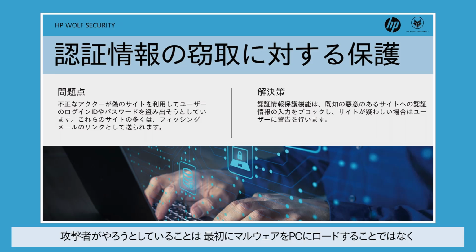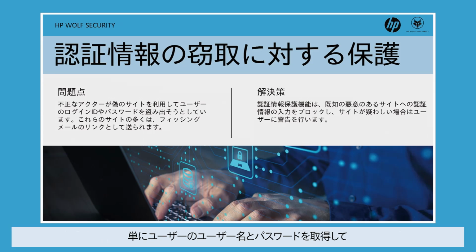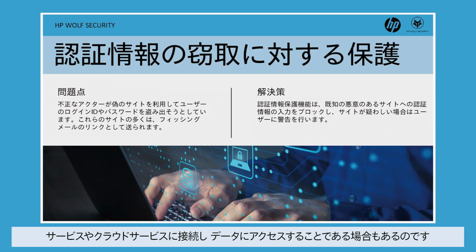So sometimes what the adversaries are trying to do is not initially load malware on your PC, they just want to get the username and password of your users so that they can connect to the services or the cloud services and get access to the data.